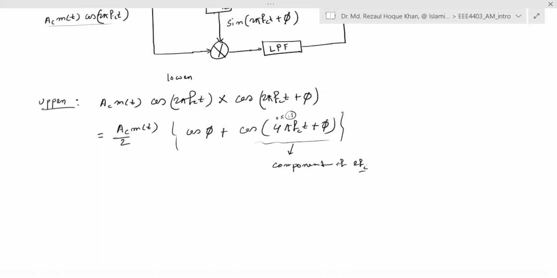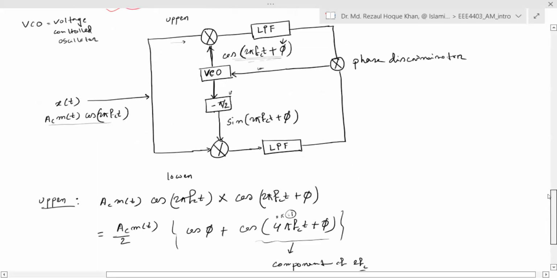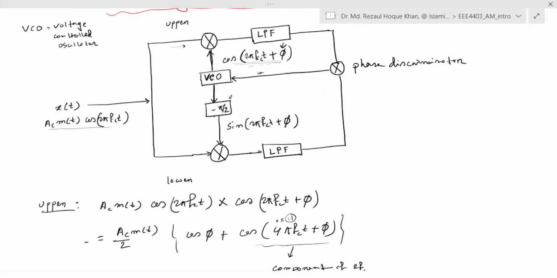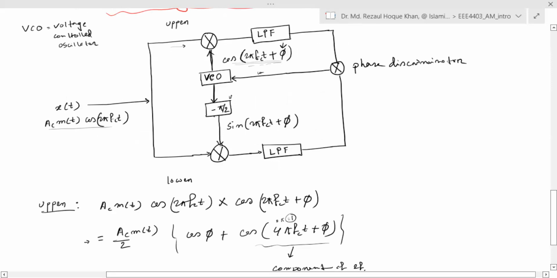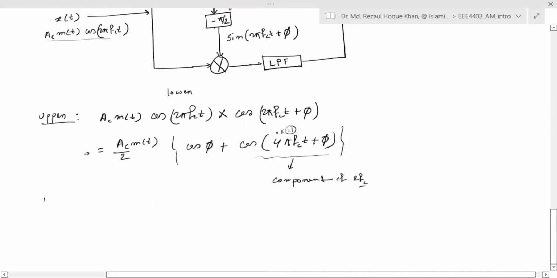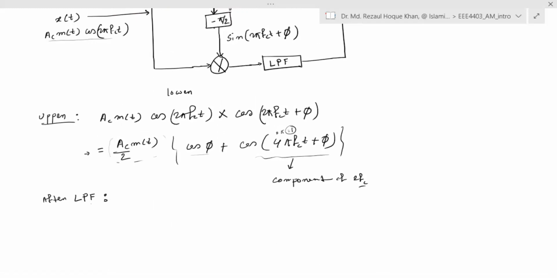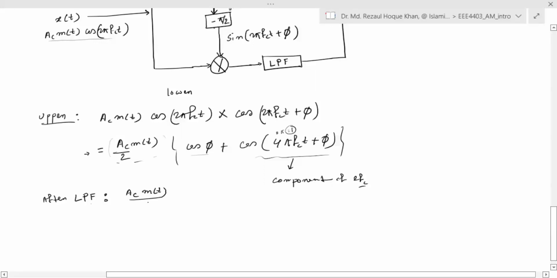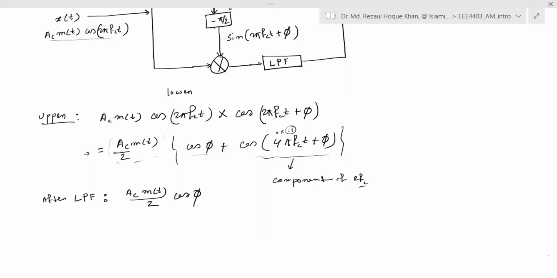If this signal passes through the upper low pass filter, we have only this portion of the signal, A_c m(t) by 2 cos phi. So this was for the upper section.